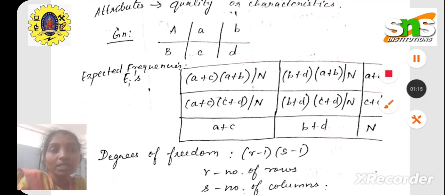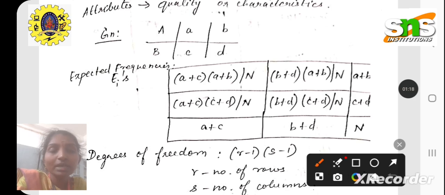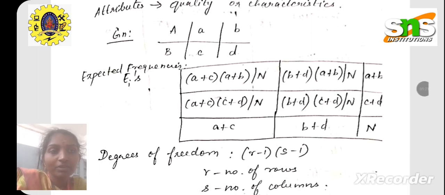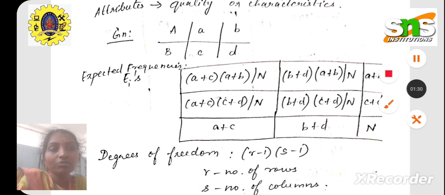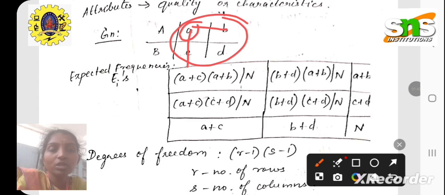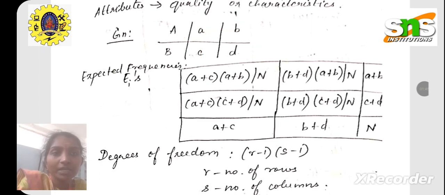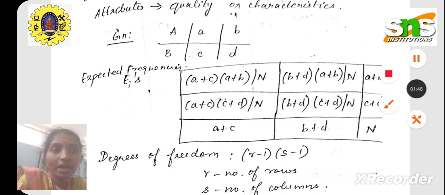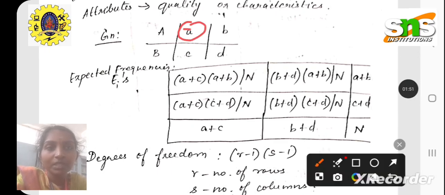How do we calculate the expected frequencies for this type of raw data? We calculate it for each observed frequency. The first observed frequency is a. For this particular a, the expected frequency is found by adding up the first row elements and the first column elements, and dividing by n.